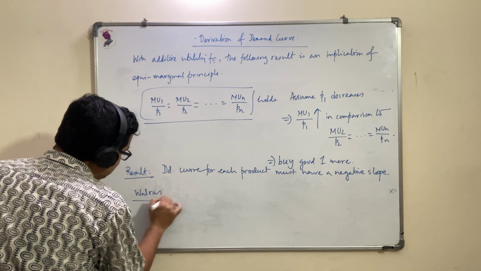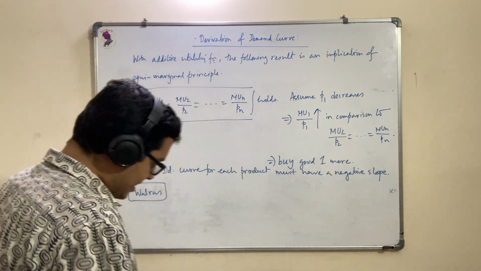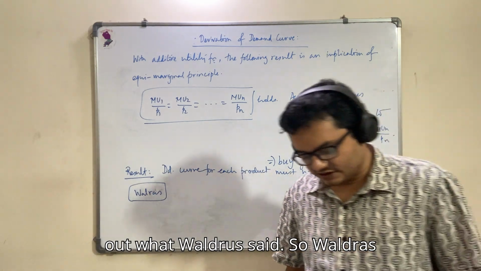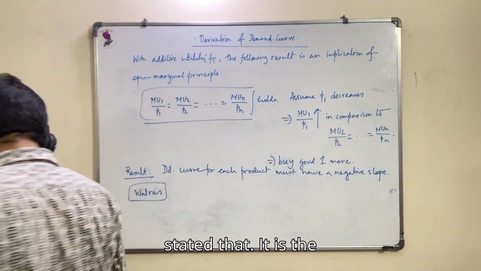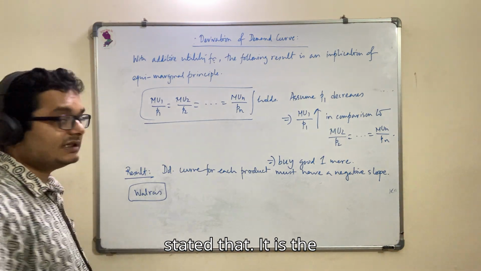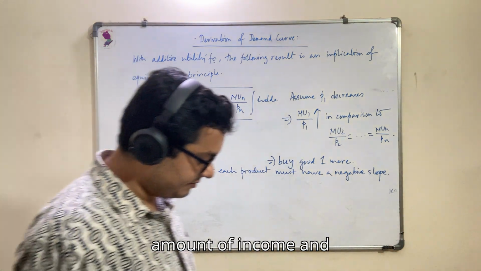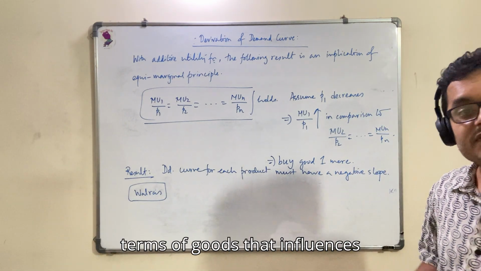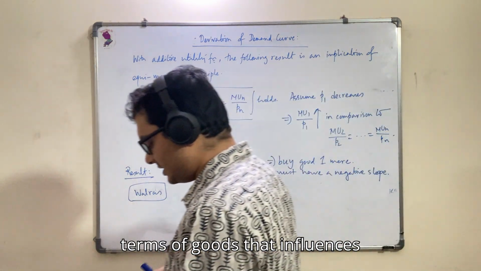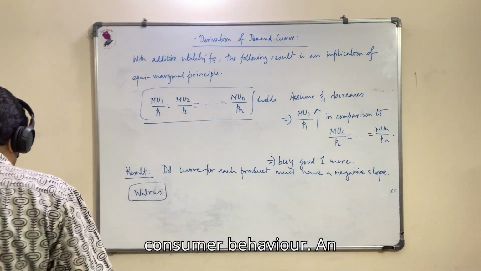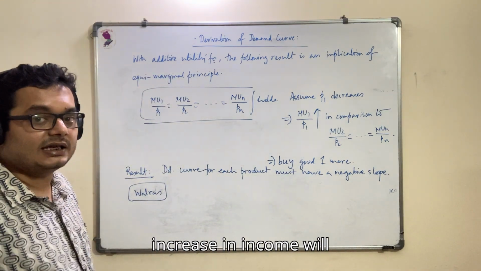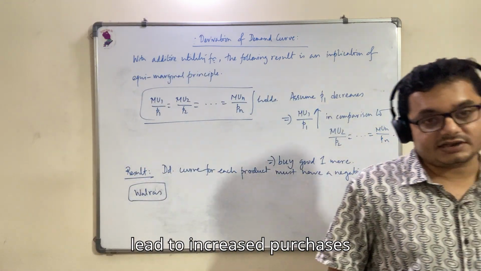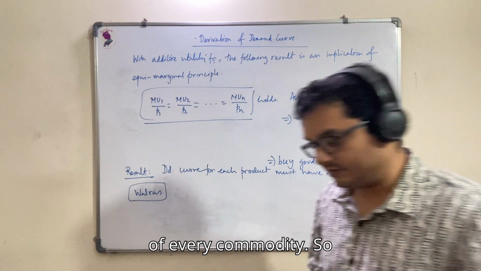So, to finish this section, we'll just read out what Walras said. Walras stated that it is the amount of income and not its composition in terms of goods that influences consumer behavior. An increase in income will lead to increased purchases of every commodity.